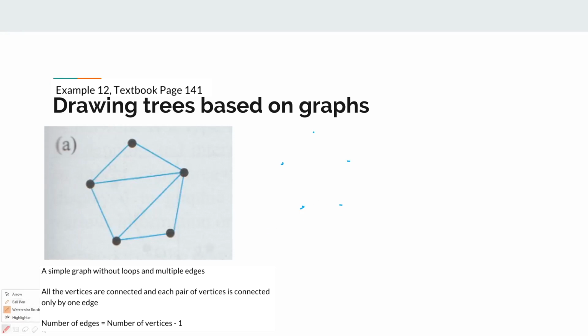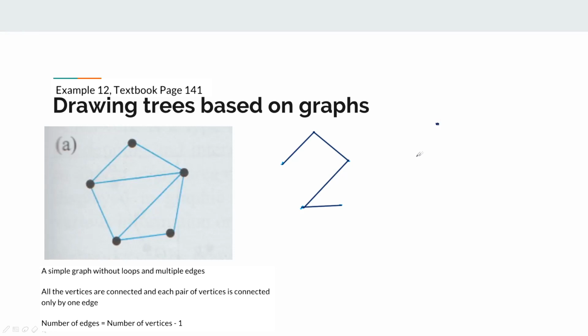First, we can draw one like this. We must remember that the vertices and lines must match the original graph. Draw one like this. I will consider this a tree of this graph here. And another example will be maybe like this.